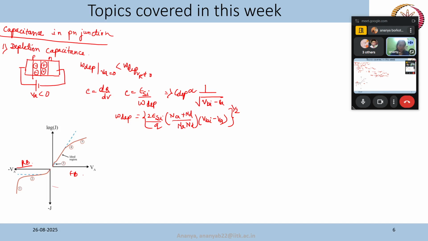In the derivations we have done till now, we considered some assumptions and ignored a few things. But if we calculate the current considering every physical phenomenon that is going on, then our actual current versus voltage graph will look a bit different. So we call these non-idealities in the PN junction.